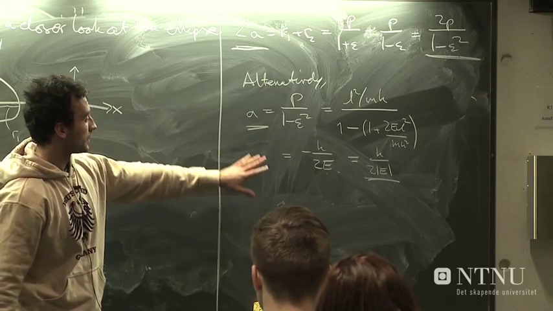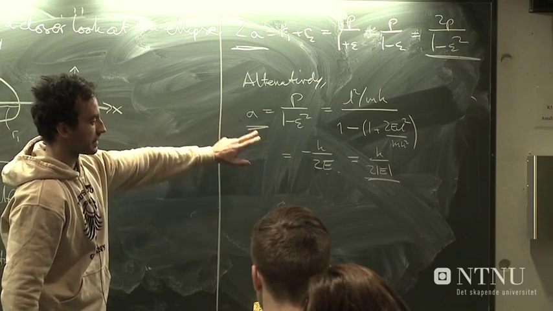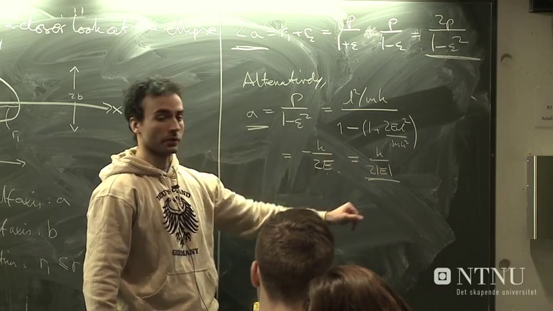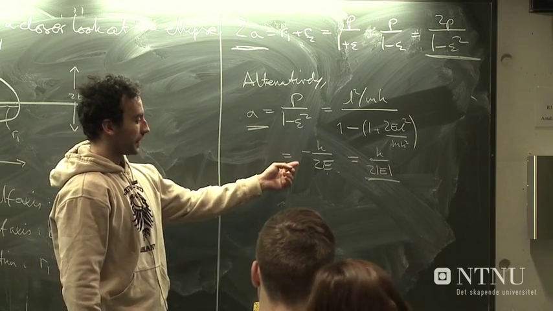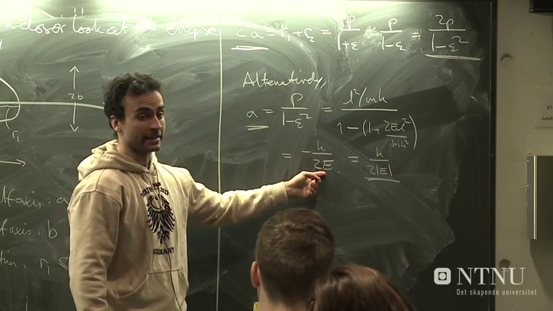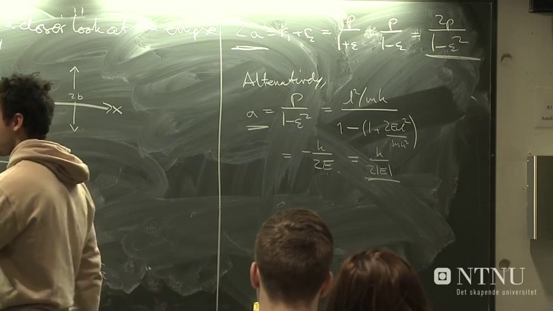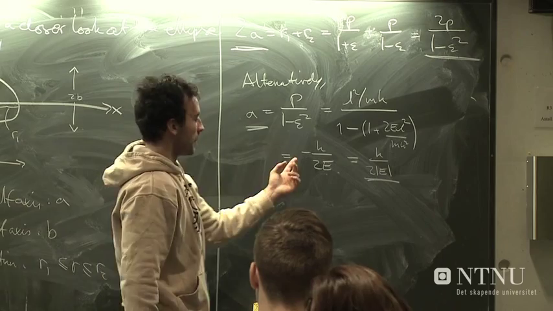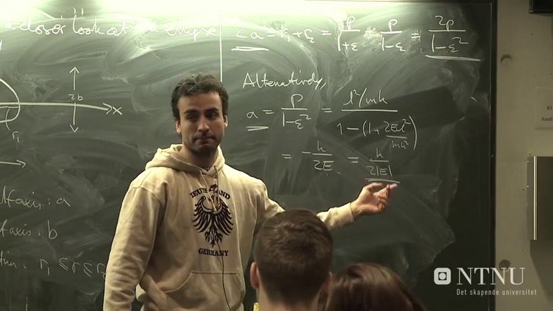Which tells us that the major half-axis is determined solely by the strength of the potential and the magnitude of the energy. So note that we have a minus sign here, but since the energy is negative for an ellipse, minus E is equal to the magnitude of E.